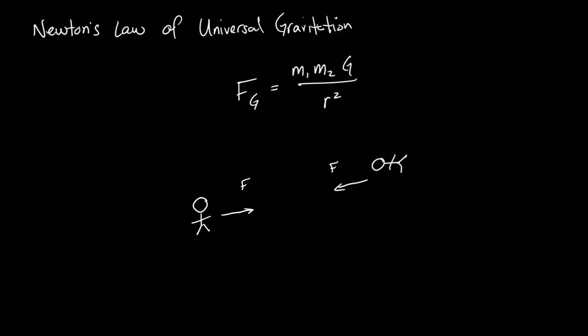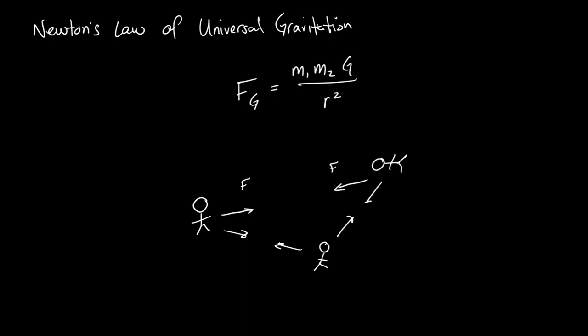Now, I want to be careful. There are thousands of objects in my room, and there is a force of gravity between all of them. This law only allows you to take into account two things at once. If you want to have a third friend somewhere else, well, suddenly there's lots of forces now to worry about. This law only takes them two at a time. Please put that in your notes. Because the moment I put a third thing in there, people do weird stuff like adding M3 and R. They just do weird things.